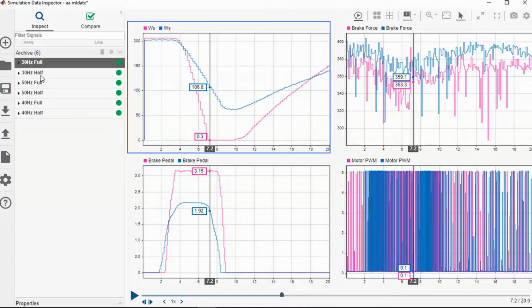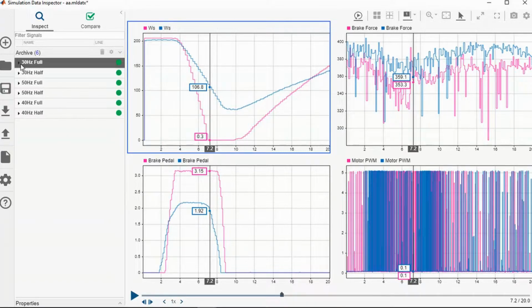Second is a half press on the 30 Hz moving wheel. Third is 50 Hz full press. Fourth is 50 Hz half press, and 40 Hz full press, and 40 Hz half press. Okay.